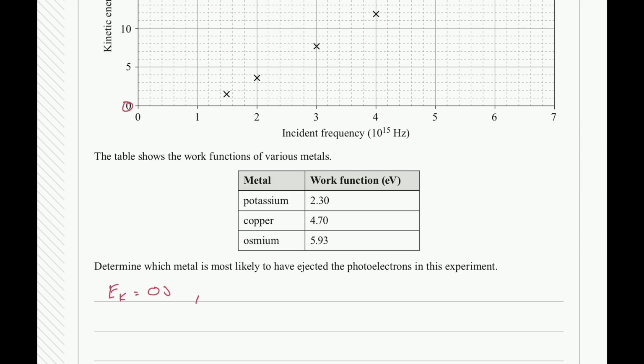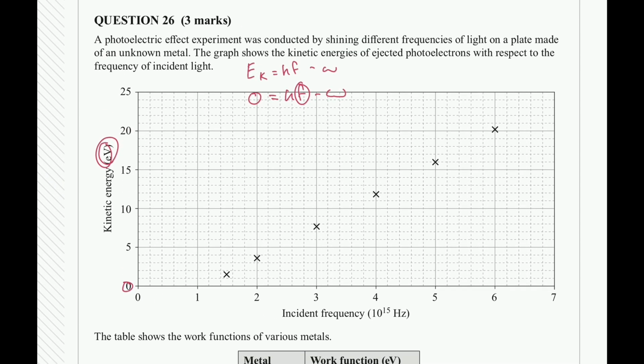I need to find the incident frequency, F. The easiest and most stress-free way in an exam is getting your ruler out, extending the line through, and finding where it crosses the x-axis, because when you cross the x-axis, y is equal to 0. It looks like it's sitting at about 1.1, so I'm going ahead with that: 1.1 times 10 to the power of 15 hertz is the frequency when we get an EK of 0.